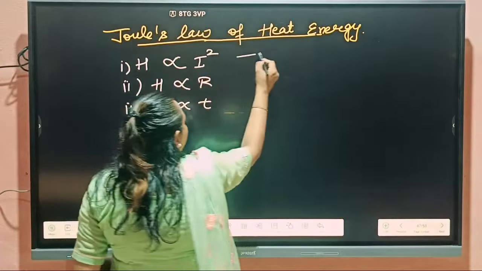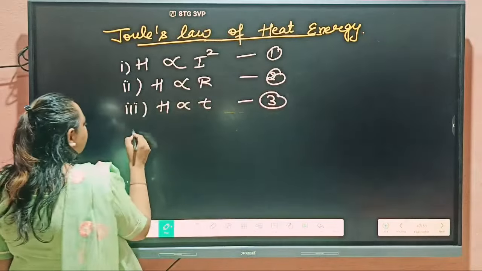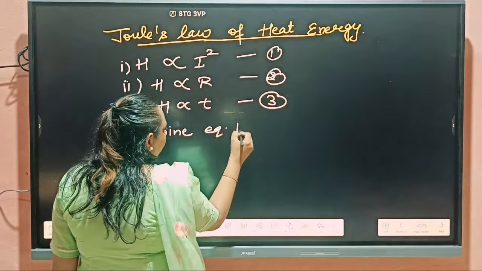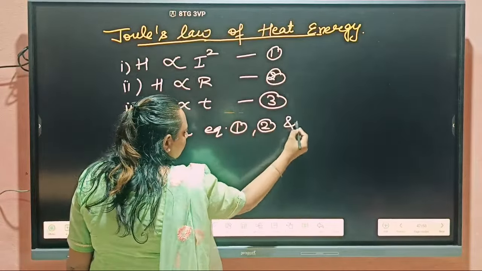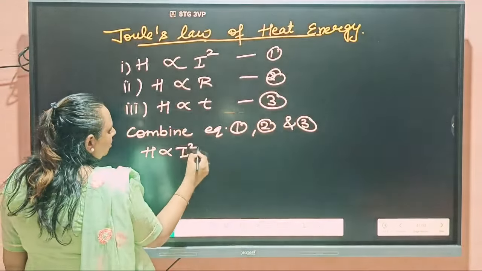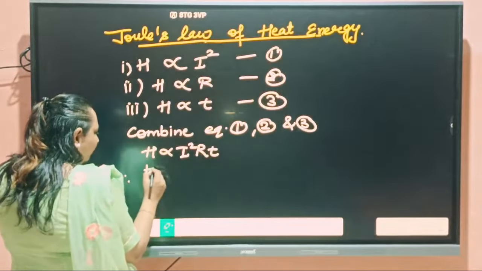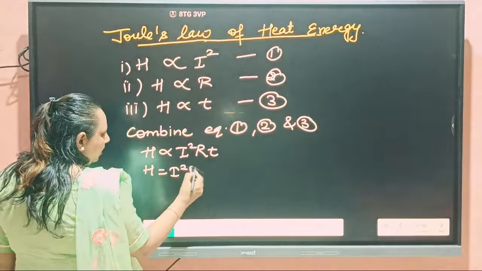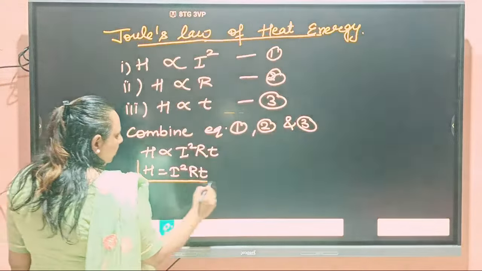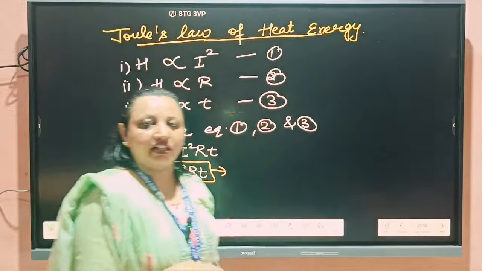So when we combine these three equations, first, second and third, what we get? H is directly proportional to I square RT. Directly proportional, when we remove the sign, H is equal to I square RT. This equation is known as the equation of Joule's law of heating effect.